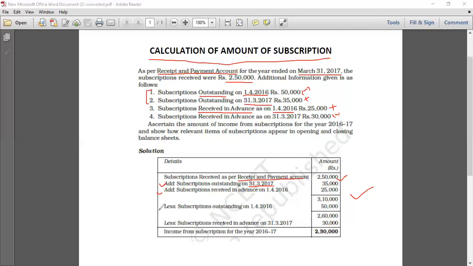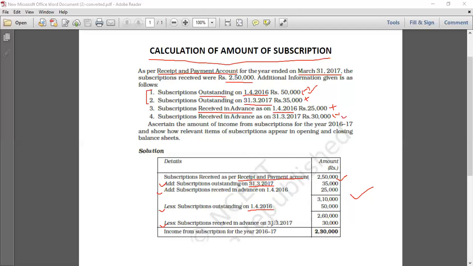Again, we need to deduct two items. The first is subscription outstanding at the beginning of the year, because the formula says it is to be deducted. Again, the subscription received in advance which stands at the end of the year will be deducted. So whatever amount stands in the subscription received in advance account at the end of the year will be deducted.